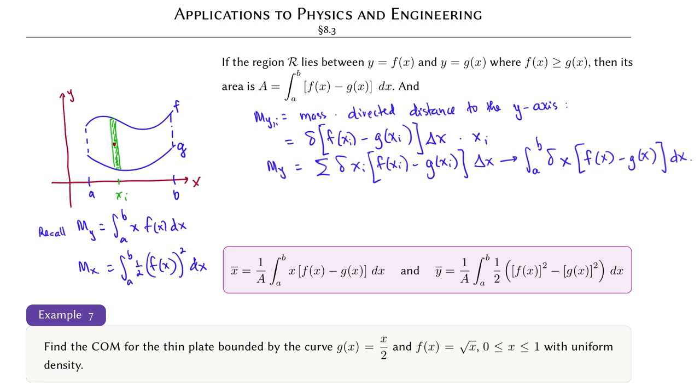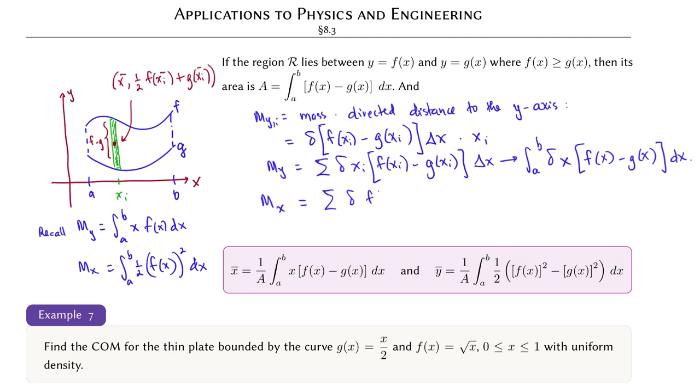Note that the rectangular strip now has a center of mass at xi bar, but the y bar is half of the distance from f to g, which is half of f of x minus g of x. And so the moment about the x-axis is the mass times the directed distance to the x-axis.